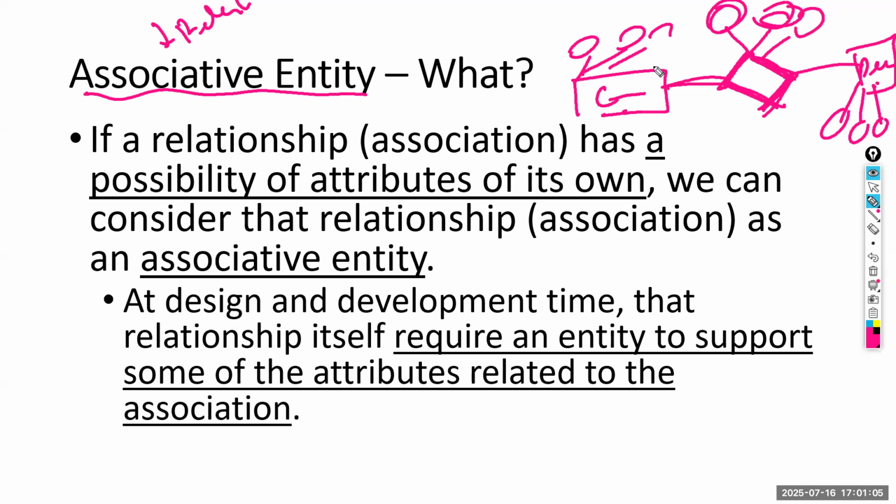You can think of attributes for an entity, right? Student entity: student ID, student name, contact number, address, course ID, course name. That makes sense. But does it make sense to have attributes for a relationship?